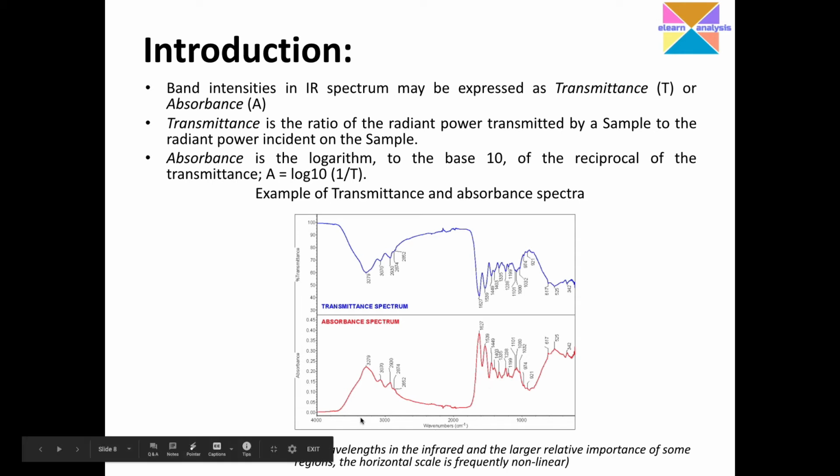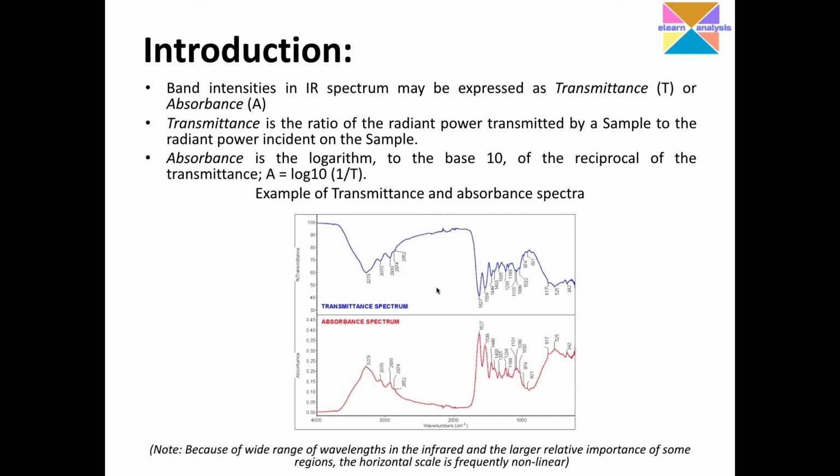Just to have a look at this x-axis, it starts from 4000 and ends at 400. As I travel towards 4000, it is the high energetic region. As I travel towards 400, it is the low energetic region. Most chemists, mind you, prefer the transmittance spectrum, which is the upper one, rather than the absorption spectrum.